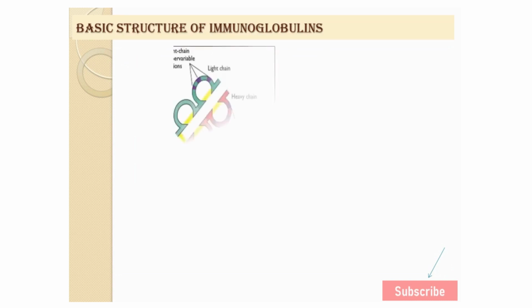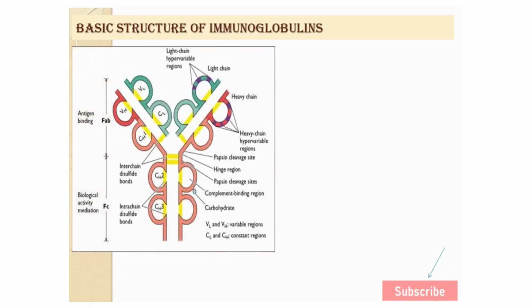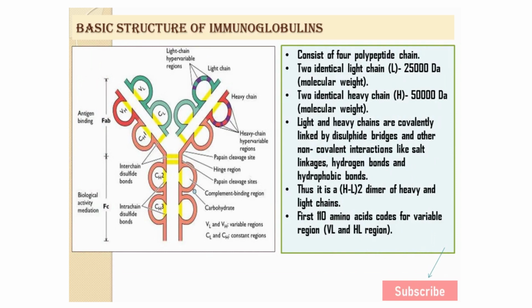The basic structure of Igs consists of 4 polypeptide chains, 2 identical light chains of 25,000 molecular weight, and 2 identical heavy chains of 50,000 molecular weight. Light and heavy chains are covalently linked by disulfide bridges, and also by other non-covalent interactions like salt linkages, hydrogen bonds, and hydrophobic bonds.